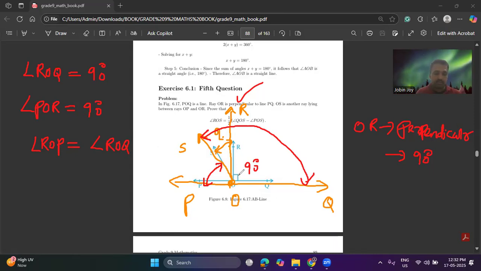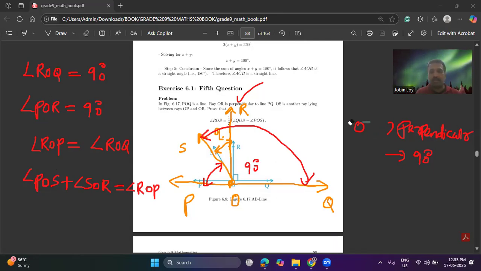Then what is angle ROP? ROP consists of two different angles, right? When you add these two, you will get ROP. So I can write angle ROP equals angle POS plus angle SOR. This angle ROP is equal to this angle plus this angle. Then next is angle ROQ.